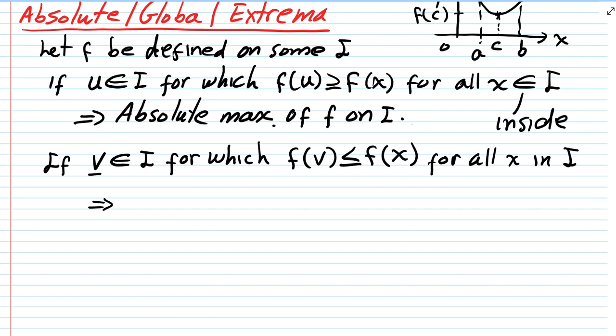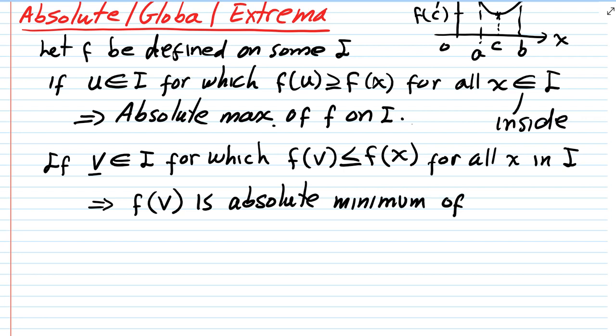I here is the domain of the function. Then f at v is the absolute or global minimum of function f on I.